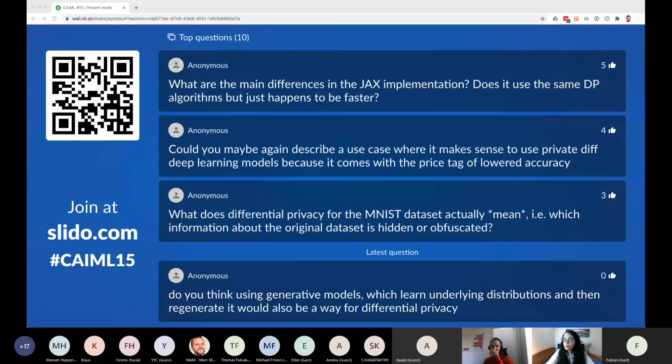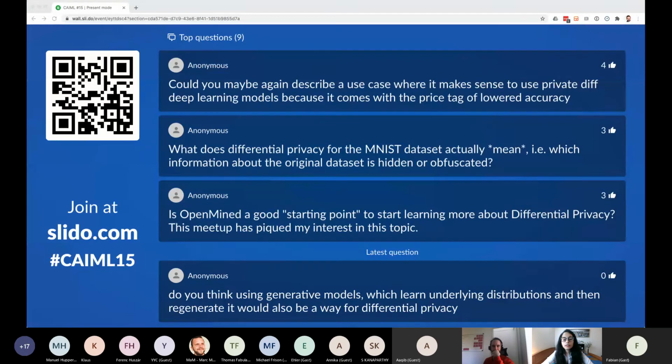So I'll take the next question. Could you describe a use case where it makes sense to use private differential deep learning models, given that it comes with a price tag of low accuracy? The most simple example is healthcare data. Maybe you want to work on better prediction of things like cancer and diabetes. It's not easy for any of us to get access to such data because it's highly sensitive and private.